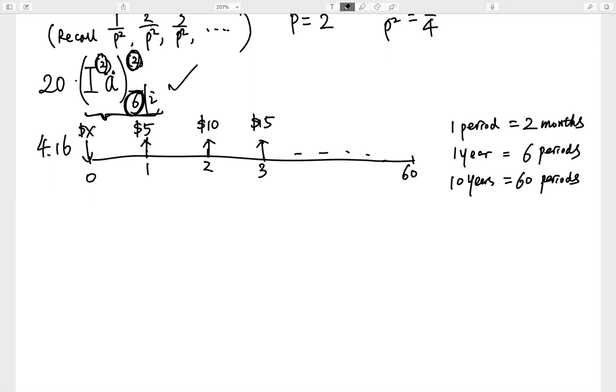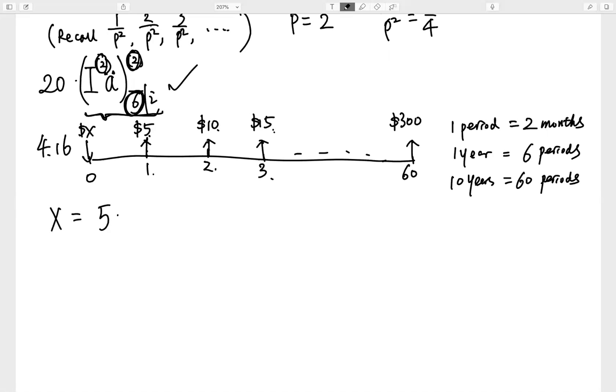So that's why the last one is 60. This is also where I get my last payment. Right? I know it's 300 because 5 is 5 times 1, 10 is 5 times 2, 15 is 5 times 3. Then the last one would be 5 times 60. So it's $300.